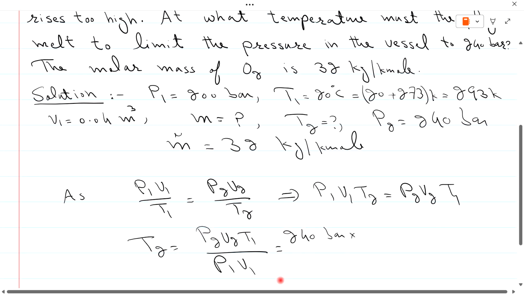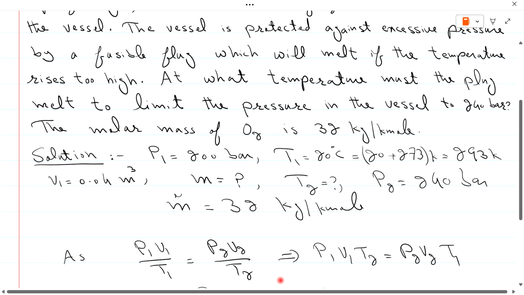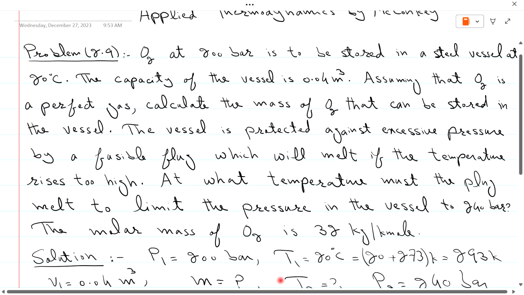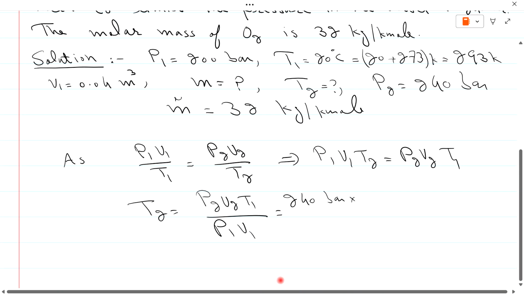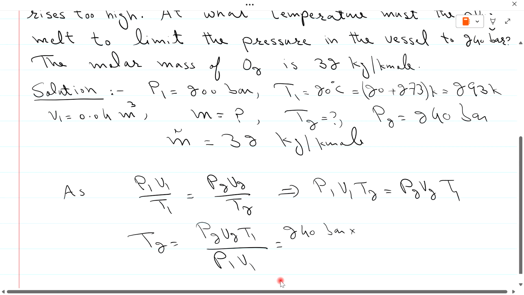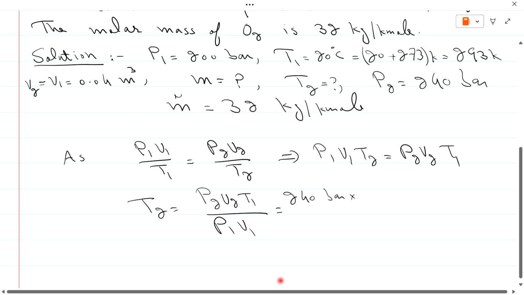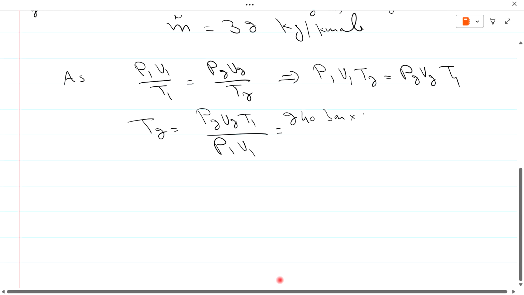The volume is constant because the capacity of the steel vessel is 0.04 cubic meter and we cannot change it, so V1 is equal to V2 is equal to V, 0.04 cubic meter.